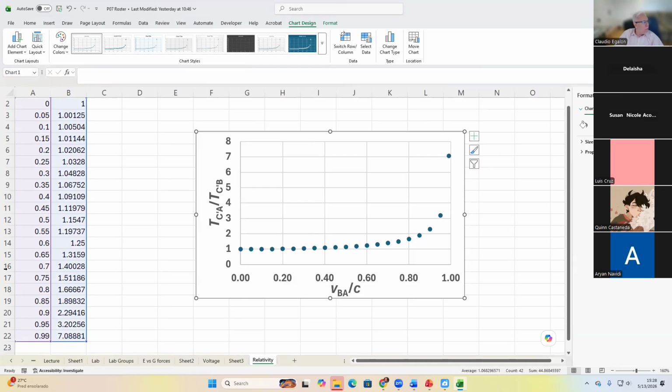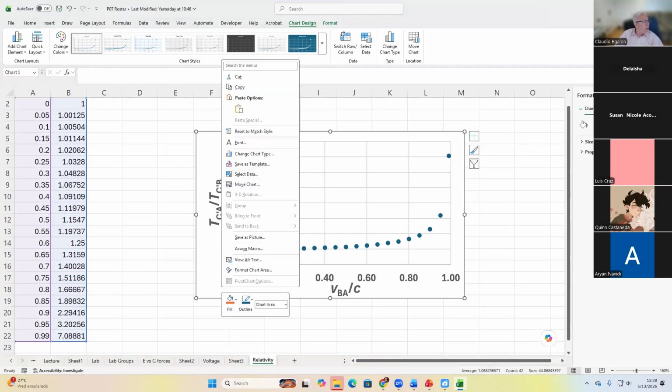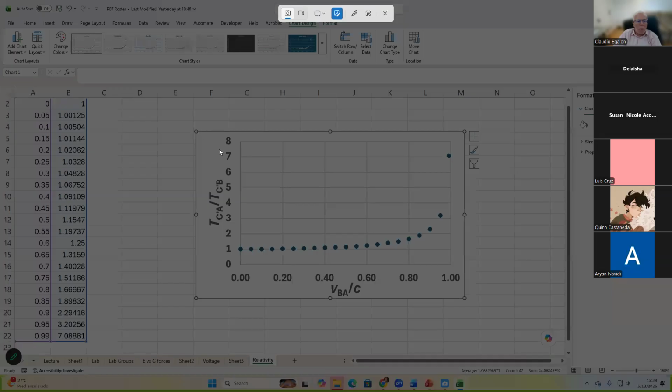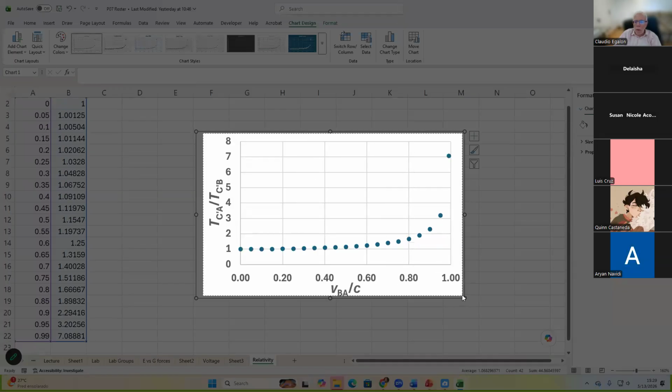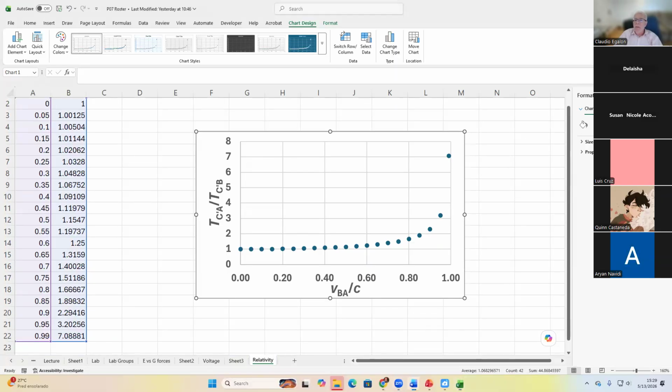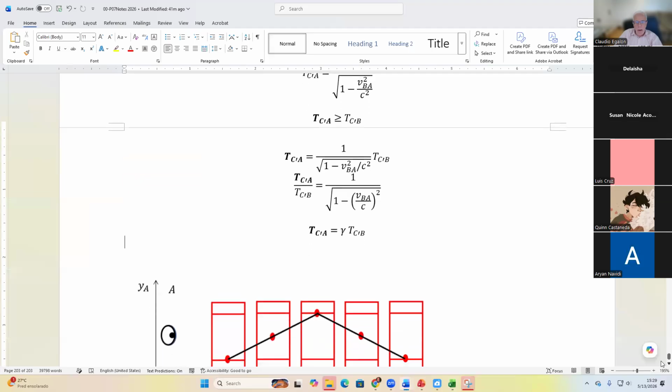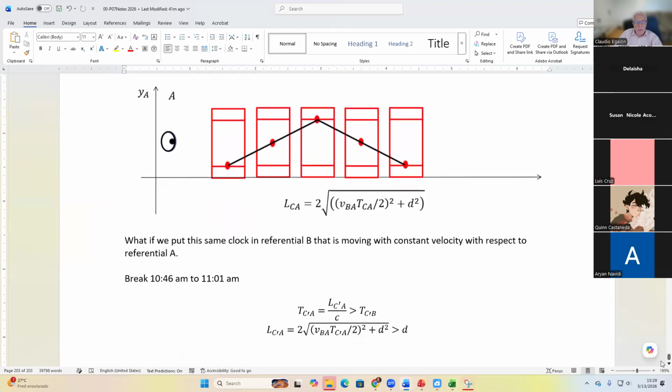I'm going to copy this with the snipping tool and paste it in the notes.